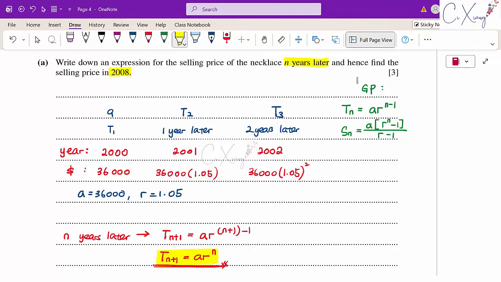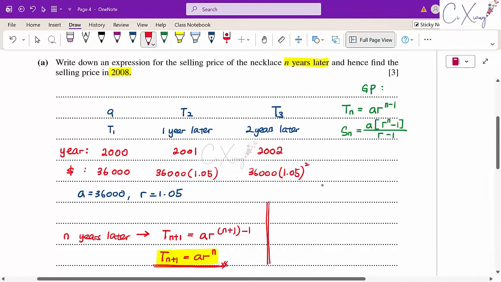Then after that, they're asking to find the selling price in year 2008. Okay, then to find the selling price in year 2008, what is the term? So again, you can see that year 2002 is T3, year 2001 is T2, so year 2008 will be T9, right?